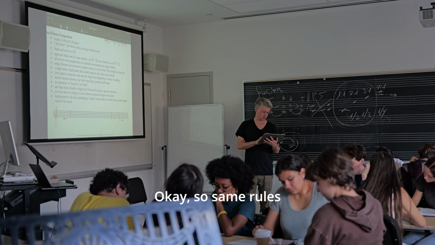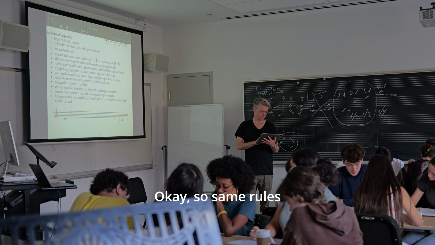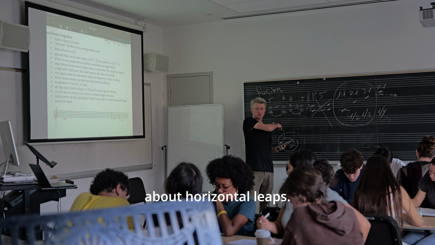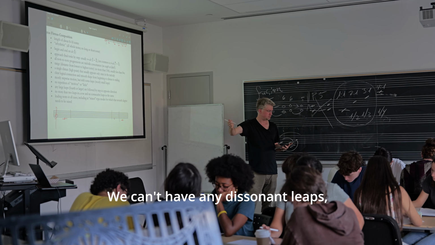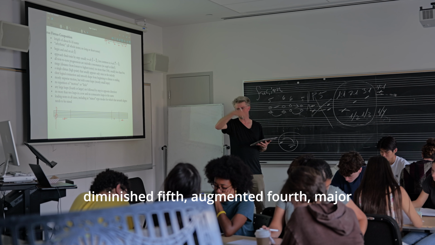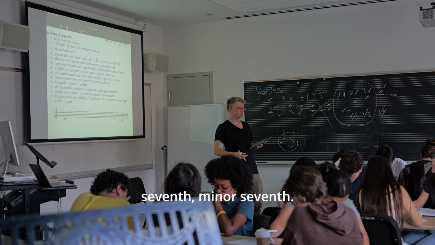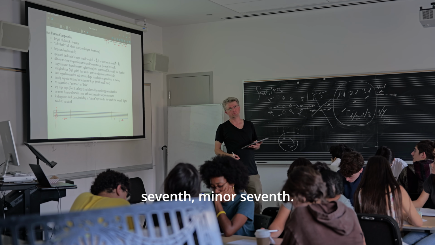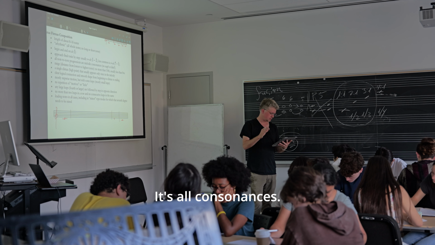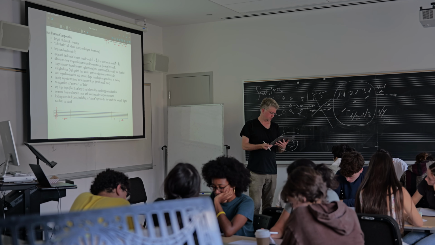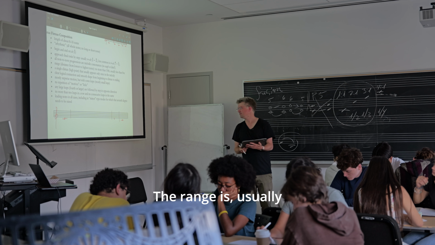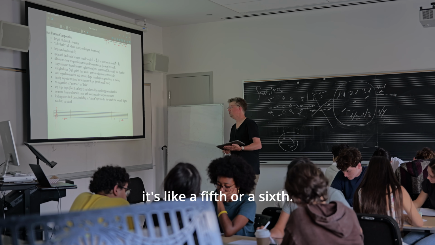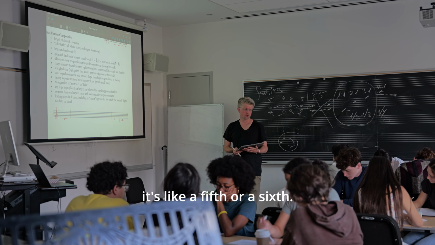Okay, so same rules about horizontal leaps. We can't have any dissonant leaps, diminished fifth, augmented fourth, major seventh, minor seventh, okay? It's all consonances. The range is usually like a fifth or a sixth.